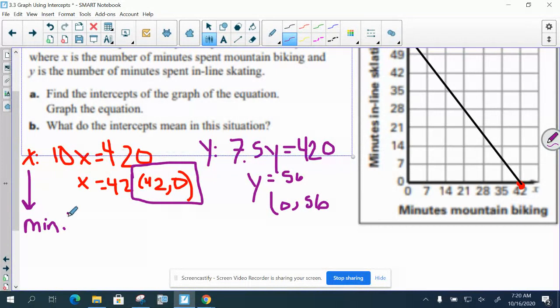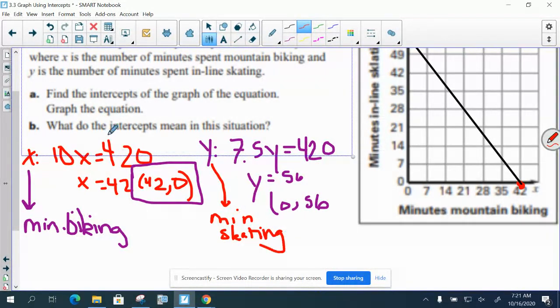I'm just going to write biking, minutes mountain biking. Whereas the y variable in general represents minutes skating. But when it asks you for what the intercepts mean, it's asking you to be more specific.